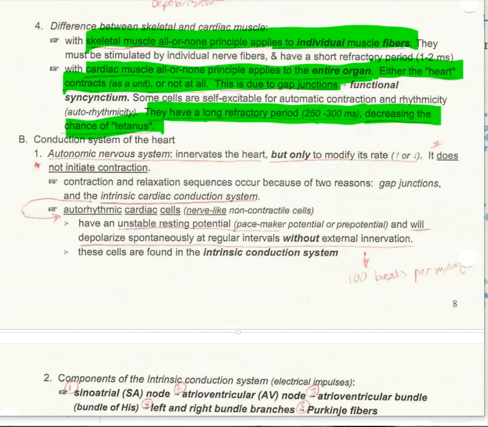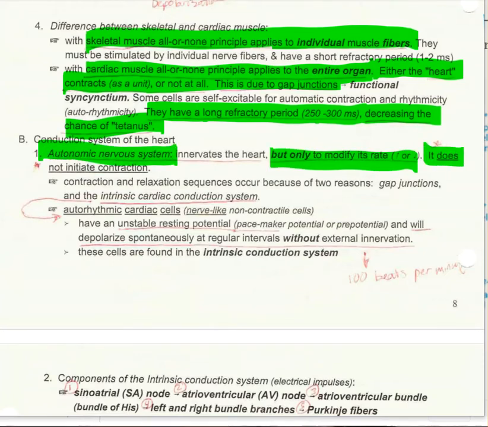So we actually tend to start with a particular heartbeat rate that our heart normally beats at, and then the autonomic nervous system will increase or decrease that, okay? And this is really key. It does not initiate. The autonomic nervous system only modifies its rate. It does not initiate contraction of the heart.